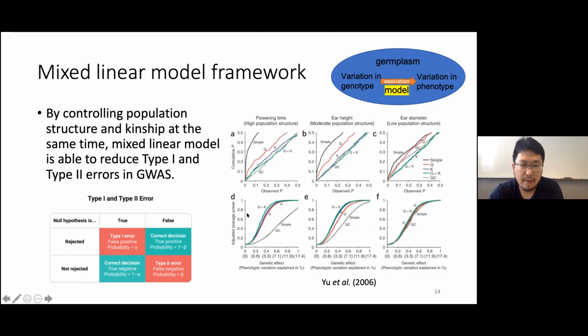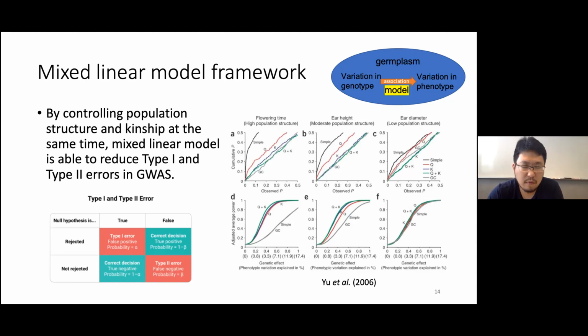And in the lower panel of this figure, the y-axis here is the adjusted average power. This is to measure the ability of the models to detect true positives. The higher the curve, the higher the power to detect true positives. Again, across these 3 types of traits with various levels of population structure, you can see that the Q plus K models always perform better than the other types of models.